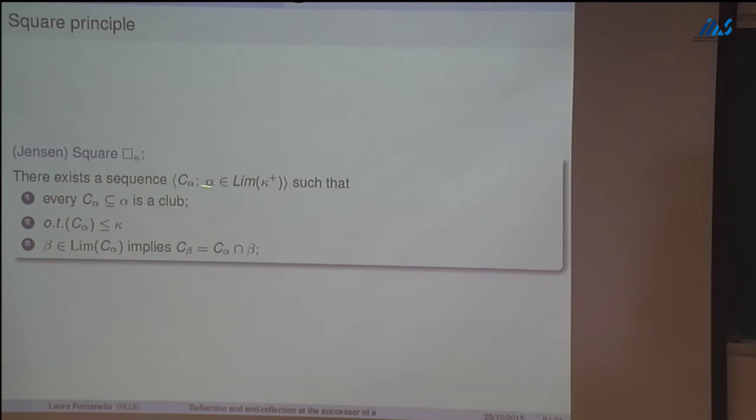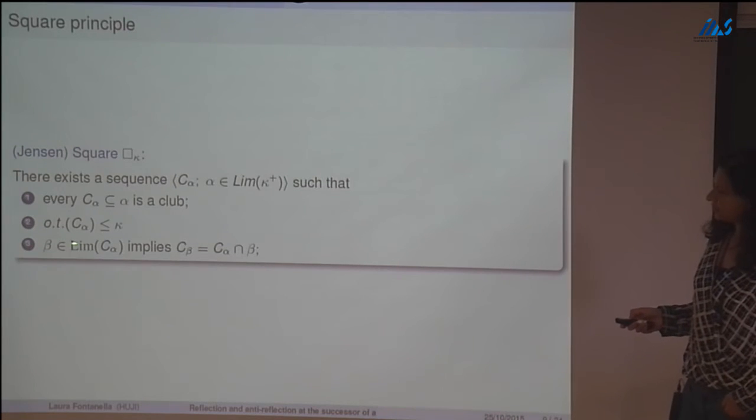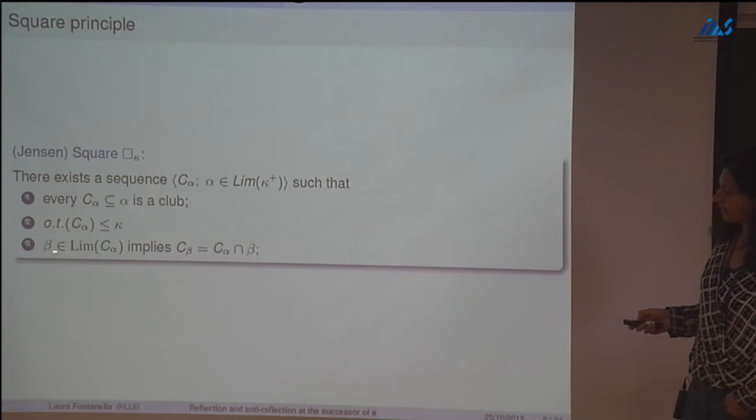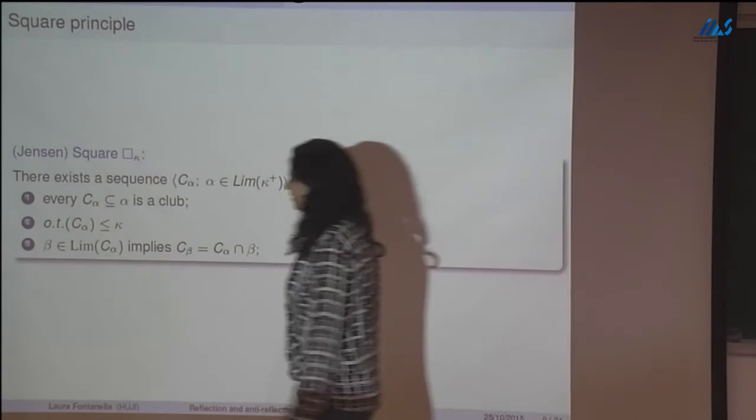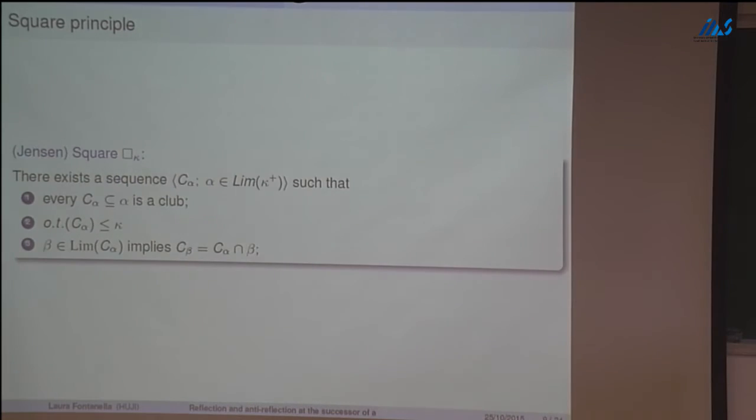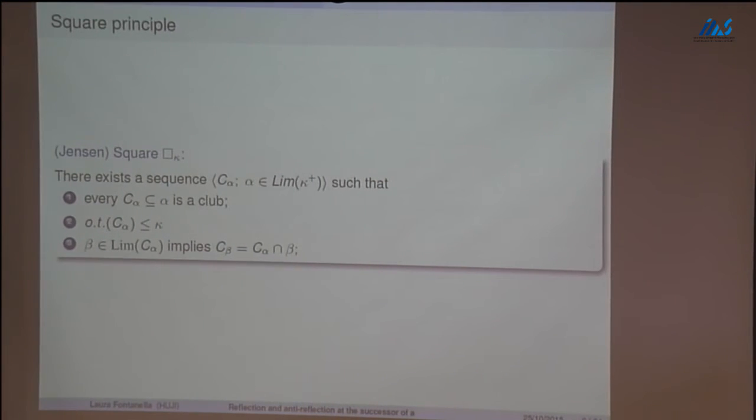So this is a sequence of clubs. For each alpha, C alpha is a club in alpha of order type at most kappa, so less than kappa plus. And the sequence coheres. That means that for every limit point beta of C alpha, C alpha intersection beta is exactly C beta. So let me draw a picture again.